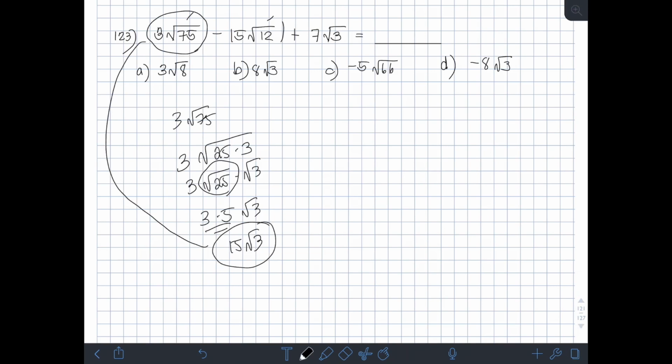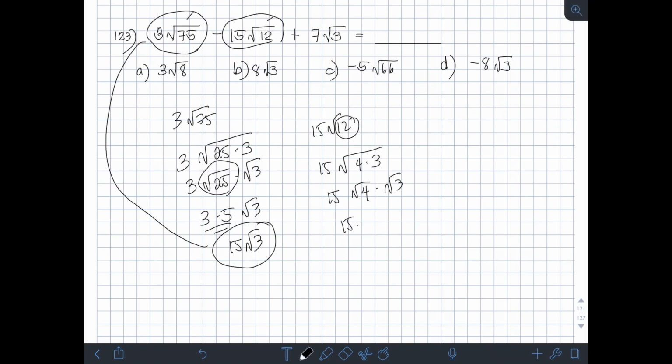Right? Then, dito naman, sa 15 square root of 12. So, again, sa 12, factor natin such that yung isang factor is perfect square. So, obviously, pwede siyang 15 square root of 4 times 3, right? And then separate natin yung factors as square root of 4 times square root of 3.